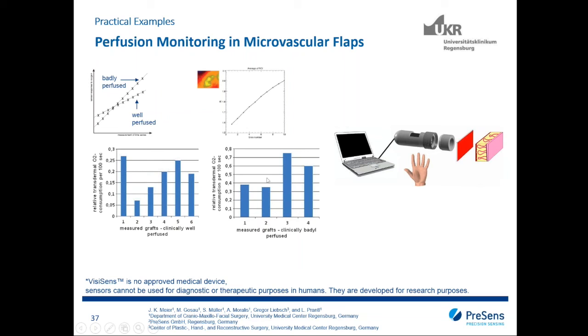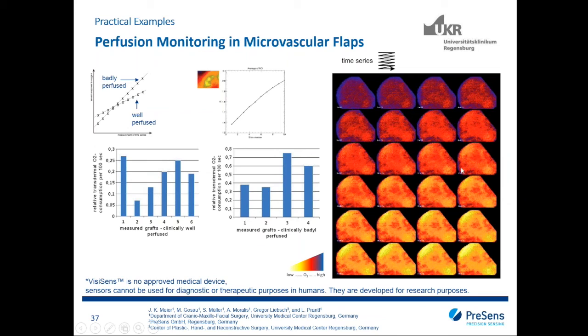So what some researchers in a project from the University Klinikum of Regensburg did, they checked the perfusion of the microvascular flaps with the VisiSens system. Therefore, they used a handheld detector, placed the sensor foil on top of the microvascular flap, and recorded in a time series the uptake of oxygen from the microvascular flap.